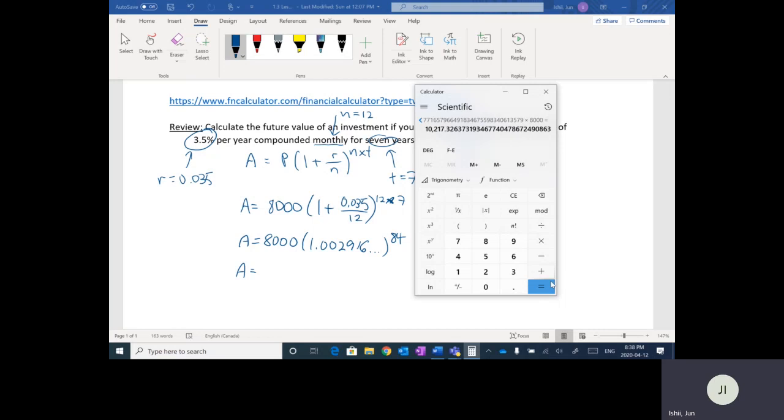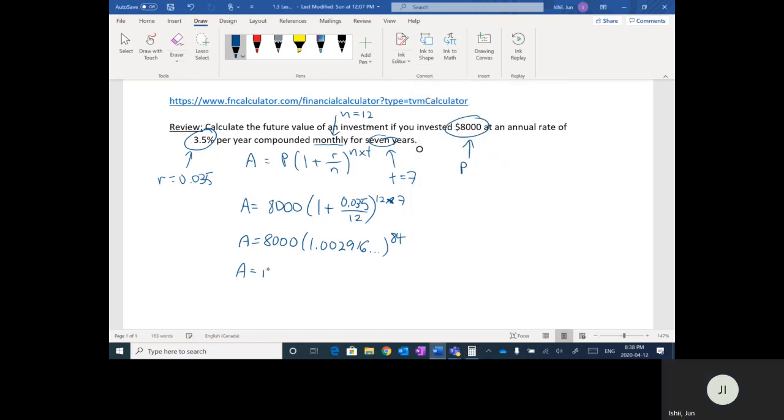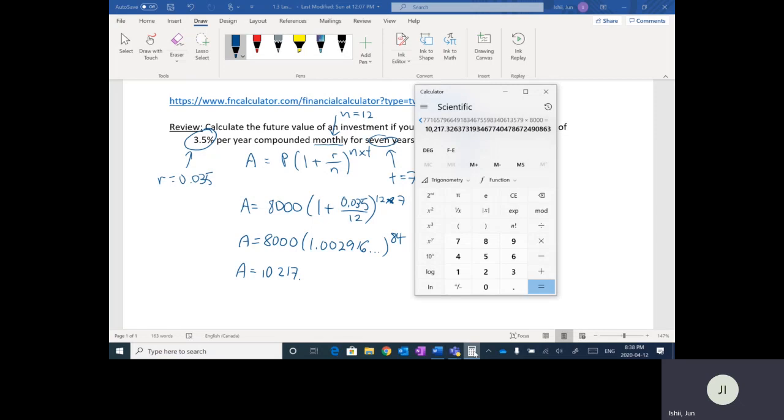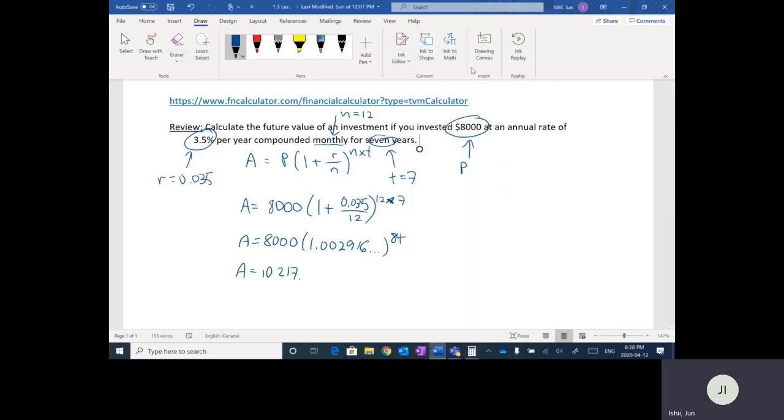The final amount there is $10,217.33. This is the final amount of that investment after the 7 years. That should be review from what you did in the last lesson.